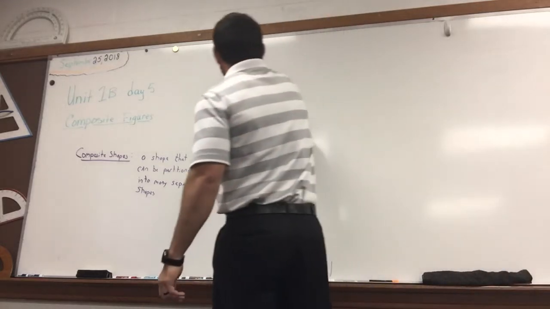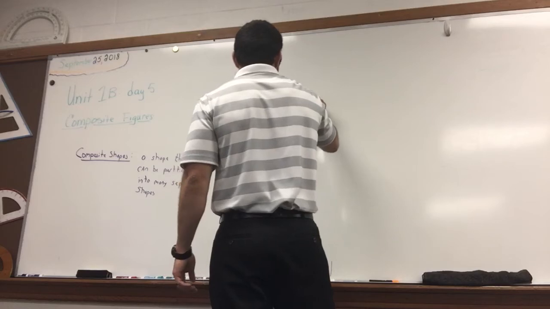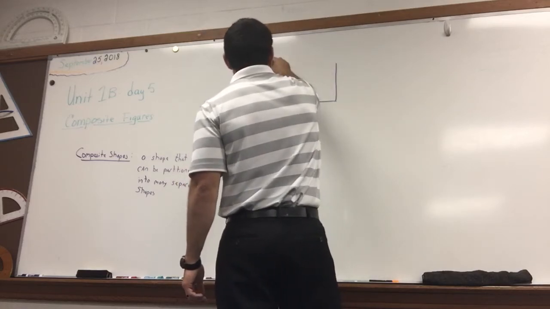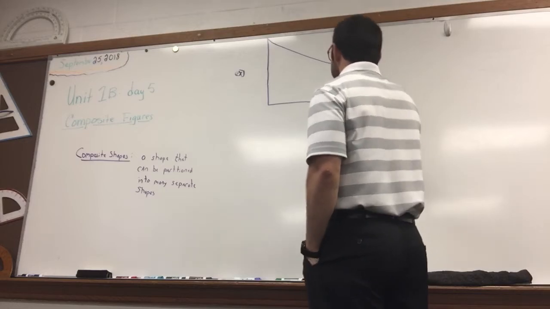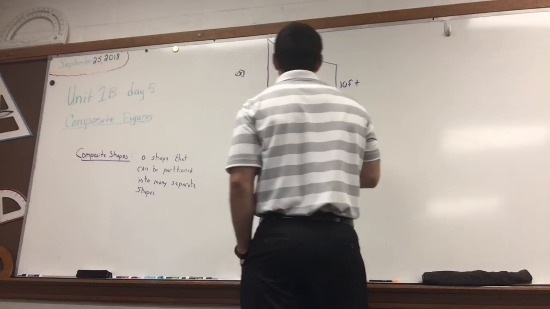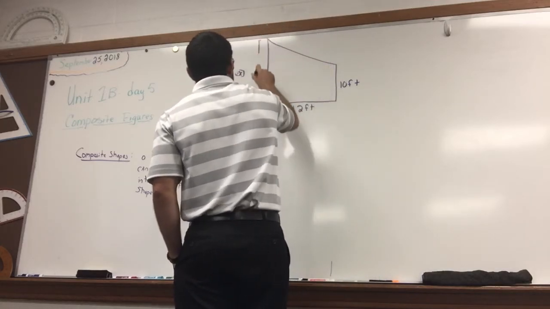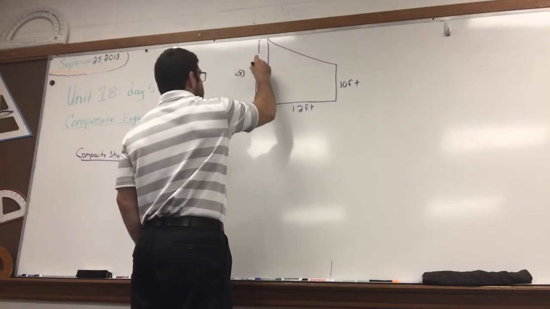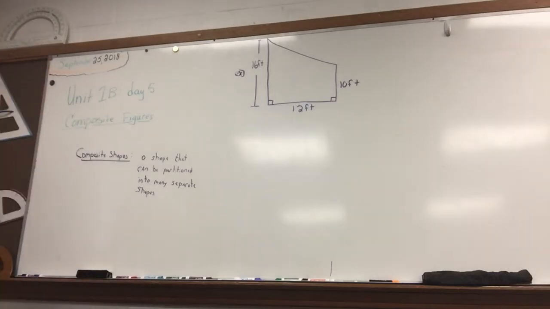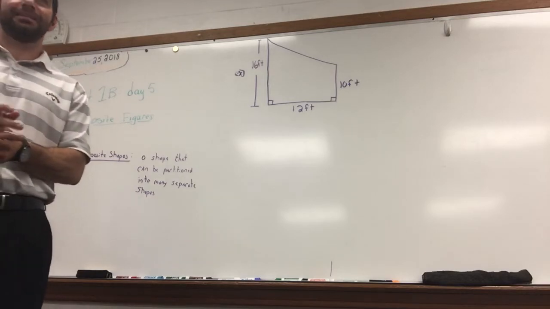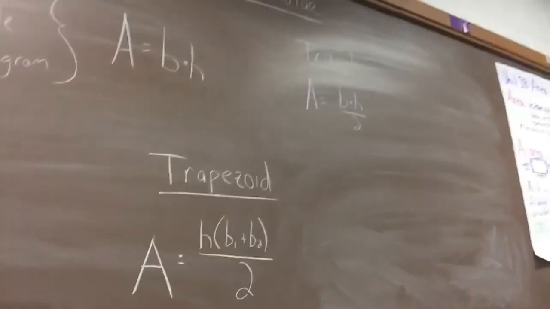So, here's my first example. In our composite shapes, everything that we will be doing today, tomorrow, and Thursday will only be including these 5 shapes: squares, rectangles, parallelograms, trapezoids, triangles.